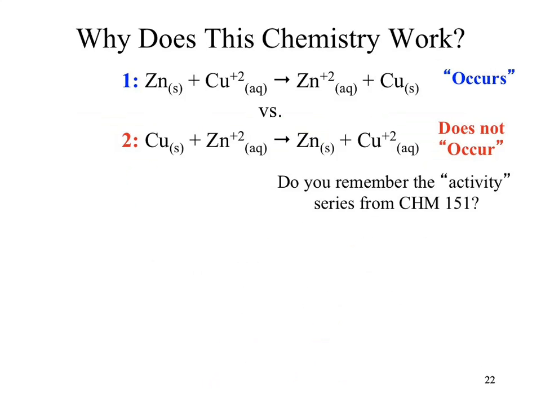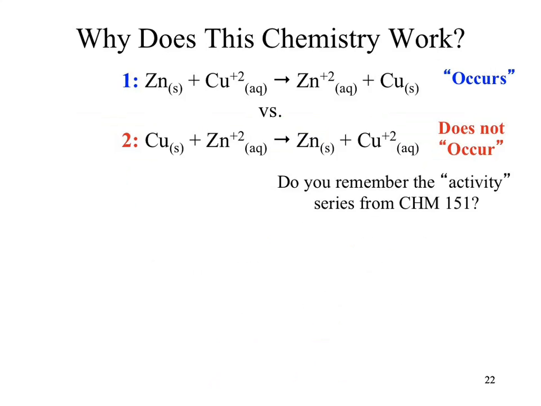Okay. So the next part is, why does this chemistry work? Which is going to start to bring us back into thermodynamics. So if we take a look at putting zinc metal into a copper ion solution, we do see a reaction. The copper does precipitate out of solution, and our zinc metal dissolves away. It happens spontaneously.